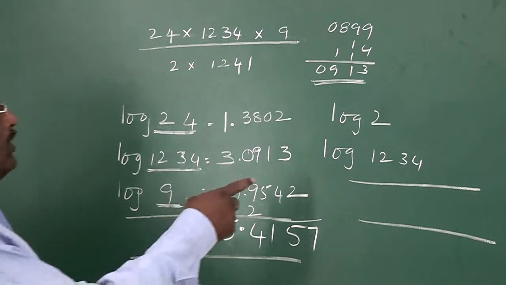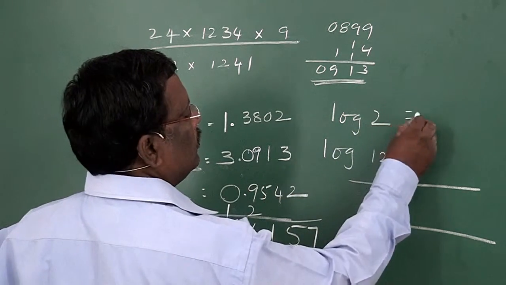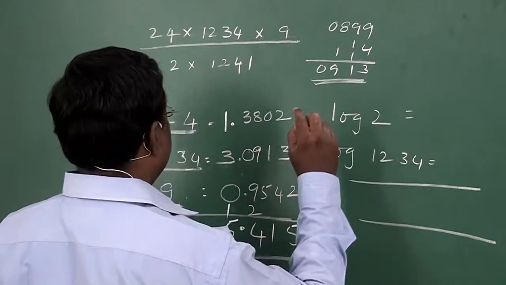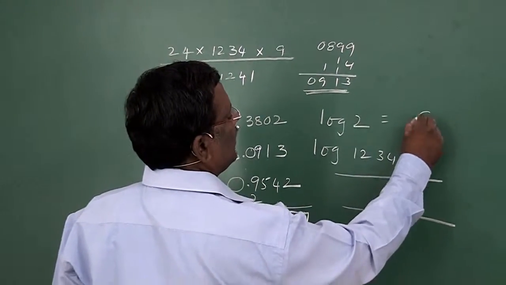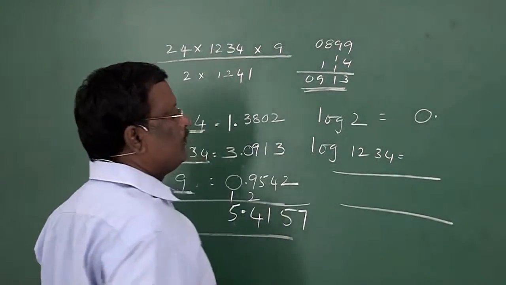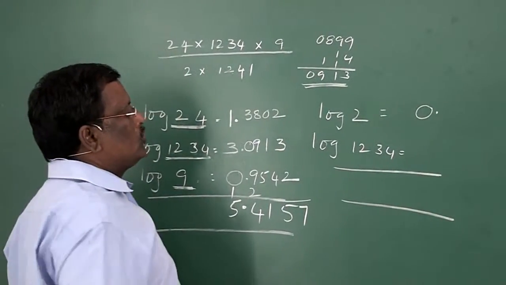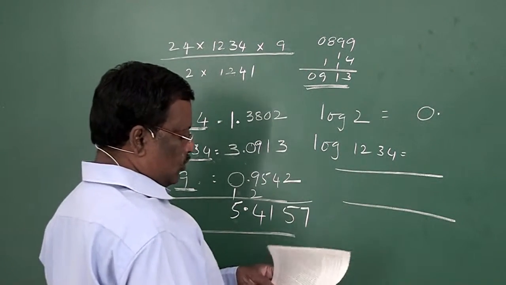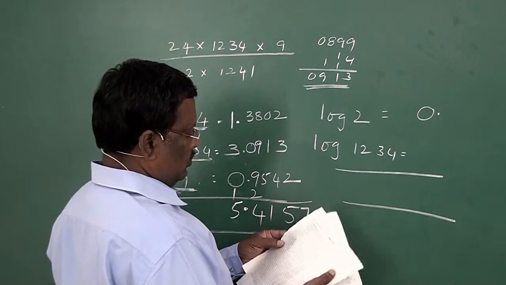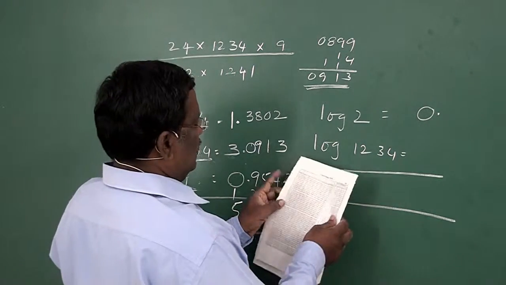Now let us see the values for log 2. In log 2, the number of digits is only 1, so the characteristic is 0. So for the log 2 value in the logarithmic table, look at 20 against 0.